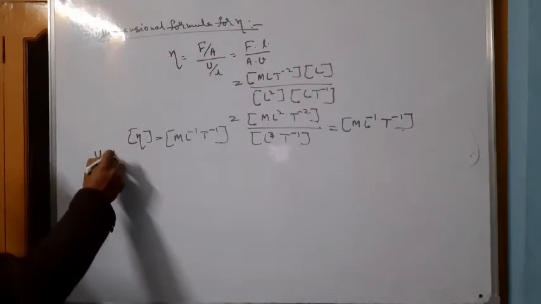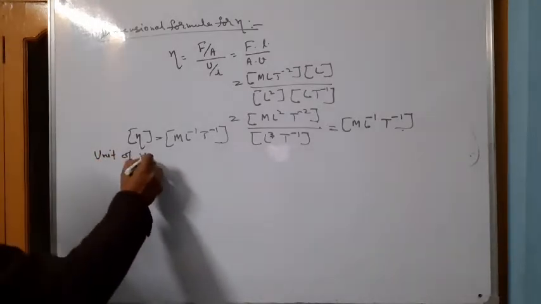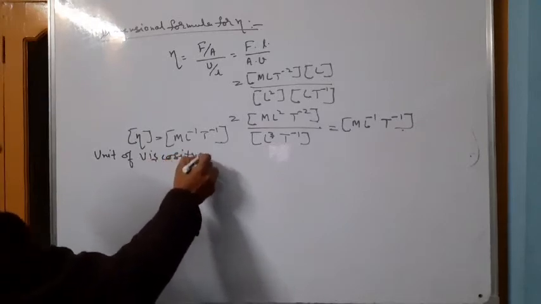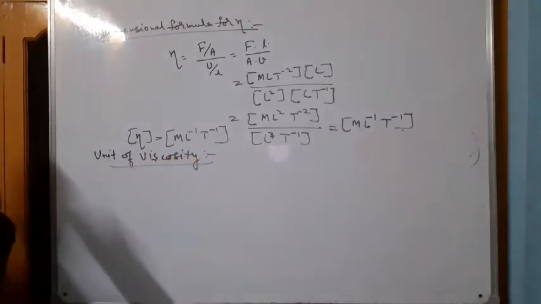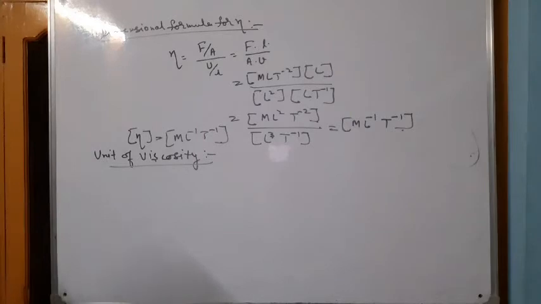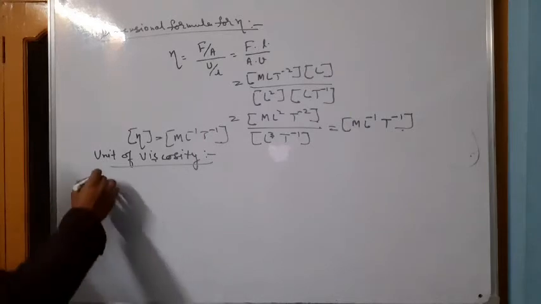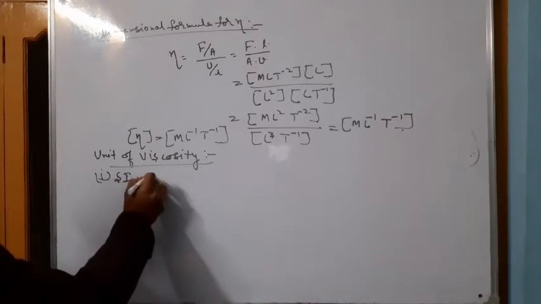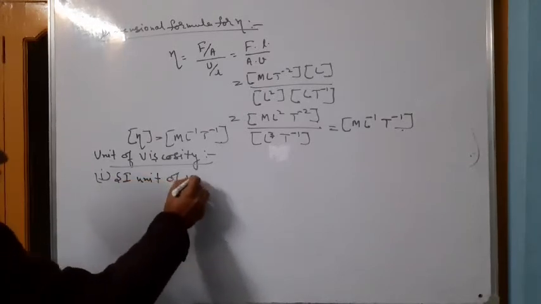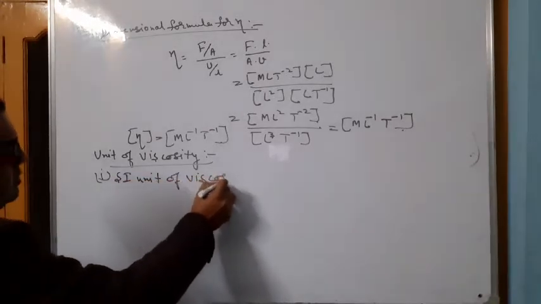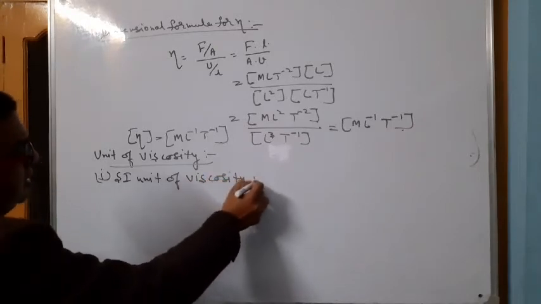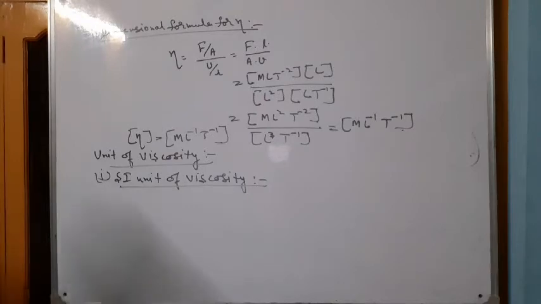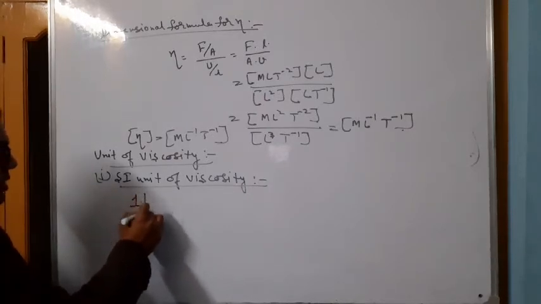Unit of viscosity. What is the unit of viscosity? First we will discuss the SI unit of viscosity. The SI unit of viscosity is Poiseuille.